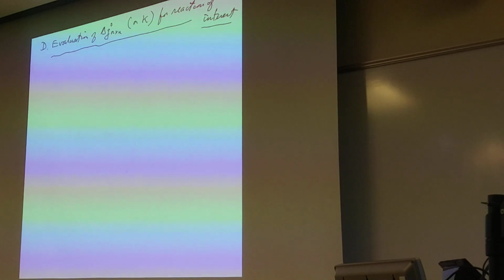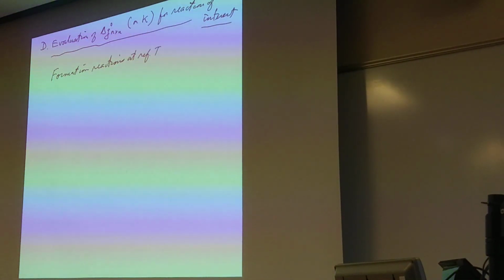So what we find tabulated here, as I said, are formation reactions at a reference temperature equal to 25 C, which is 298.2 K. So we can find these listed for many compounds. Let's first be careful to understand exactly what we mean by a formation reaction. So the definition is a reaction, and this is for a given compound.